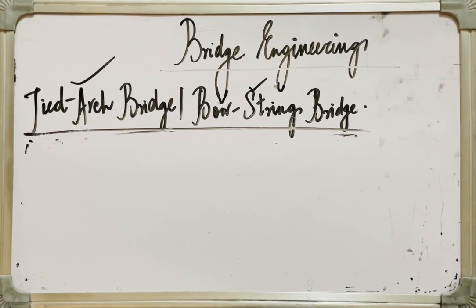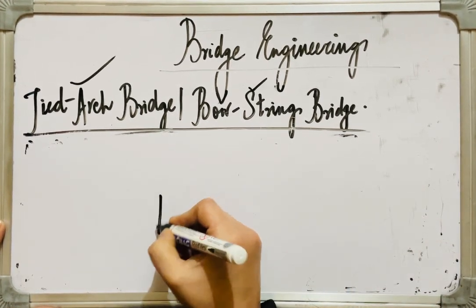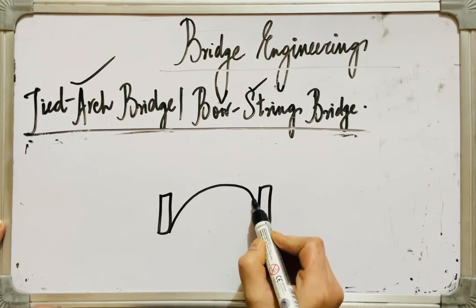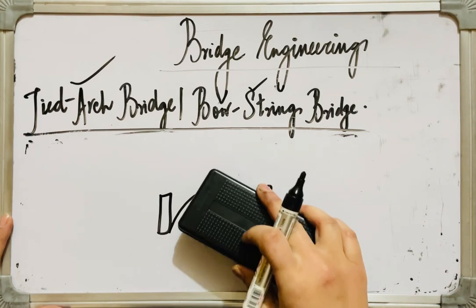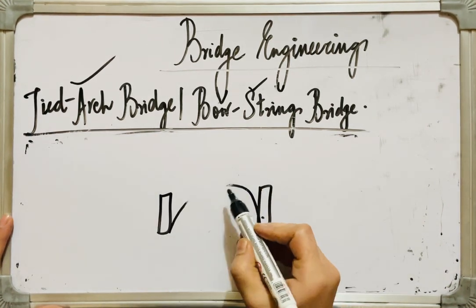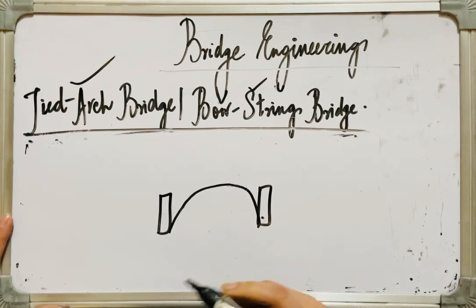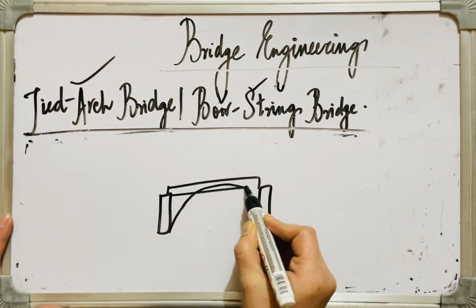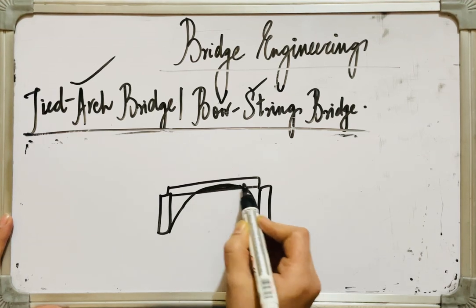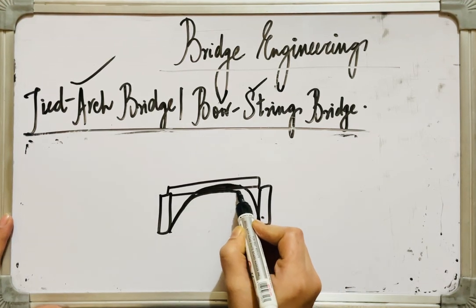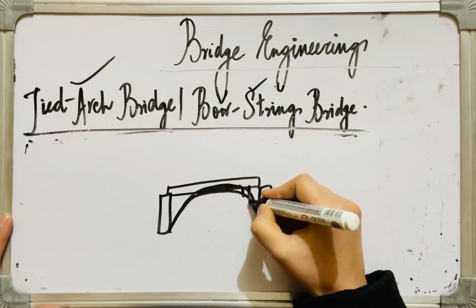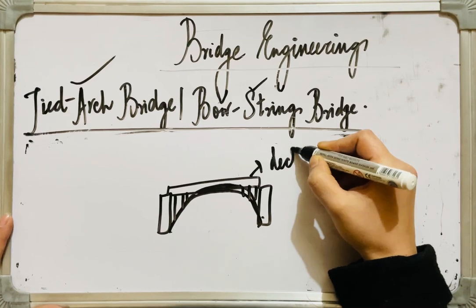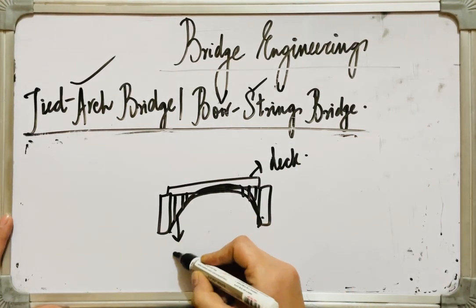If you may recall the discussions, if this is the support and this is the support and this is the arch bridge, I'll make it a better one. Now this is the bridge deck and this is the arch.